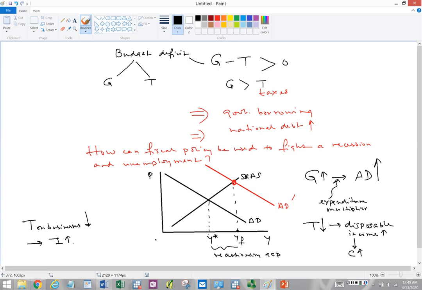So this combination of G going up and T going down, well, this combination has a name. It's called expansionary fiscal policy.